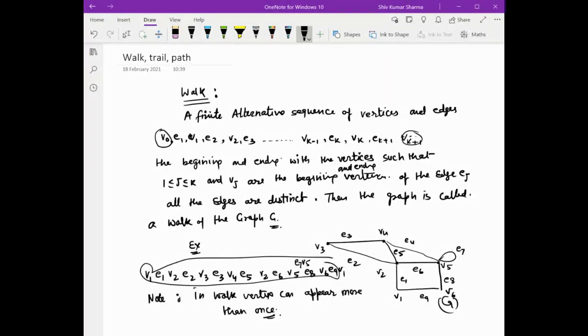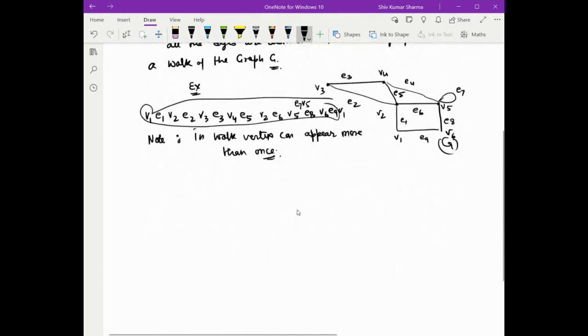So the self loop is also part of the walk.